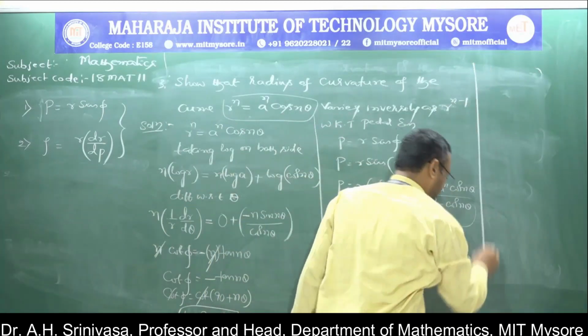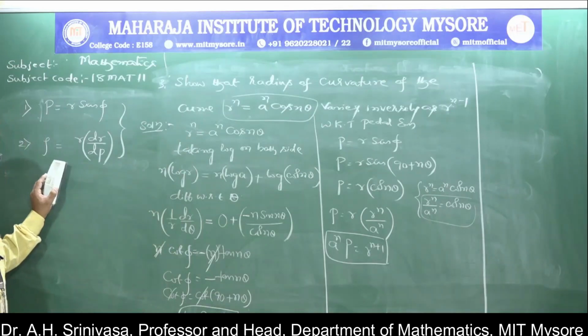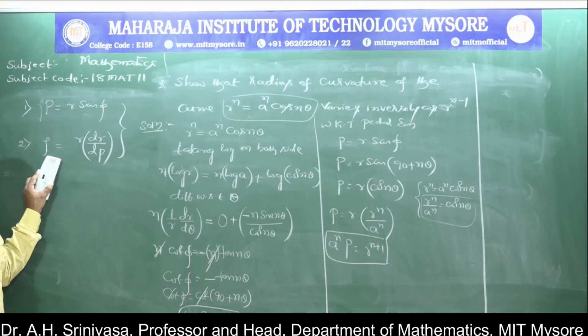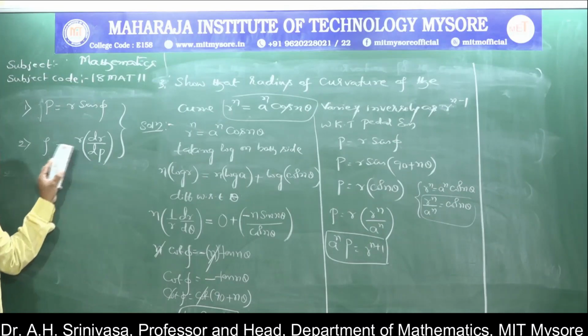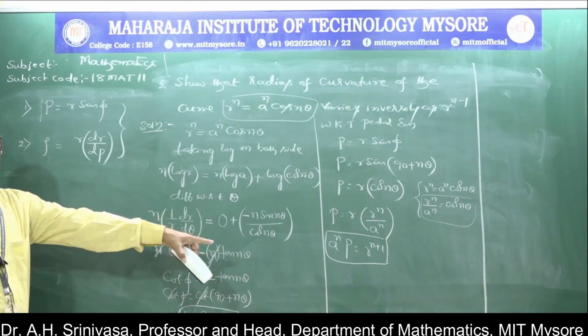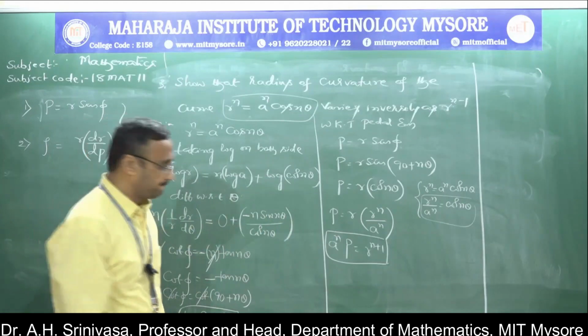So next, I want the radius of curvature. If you want the radius of curvature, we need this result: rho = r dr/dp. Now we have p. I want dp/dr, which means differentiate this with respect to r.